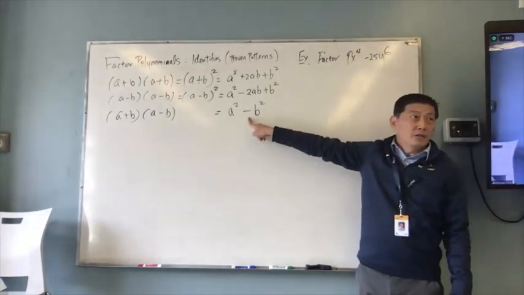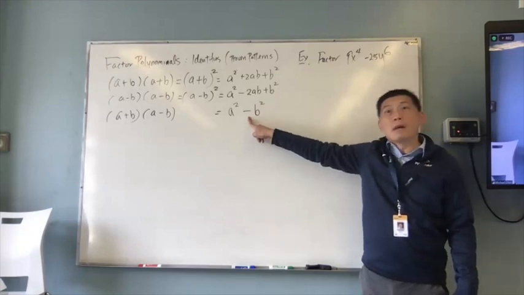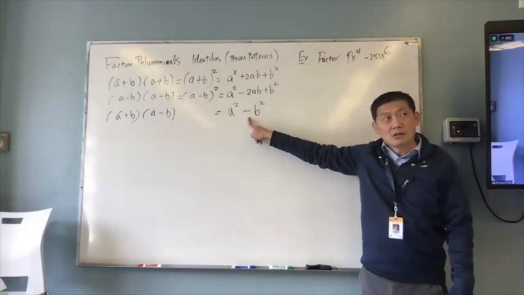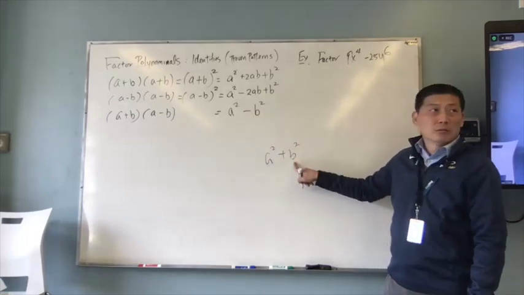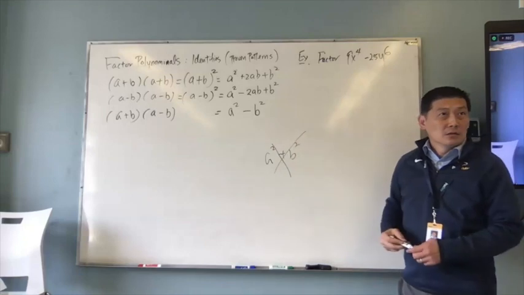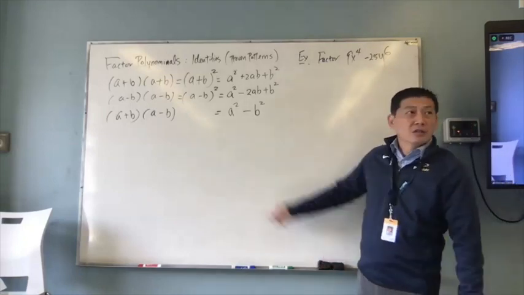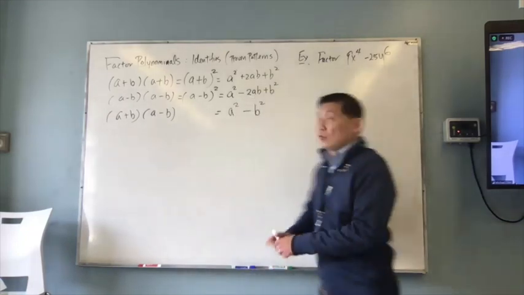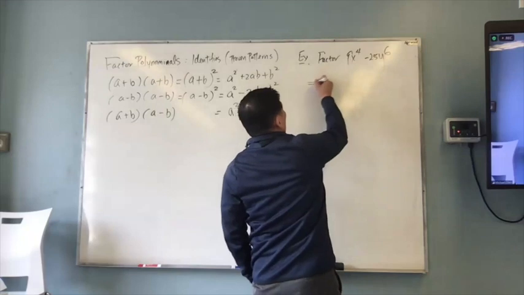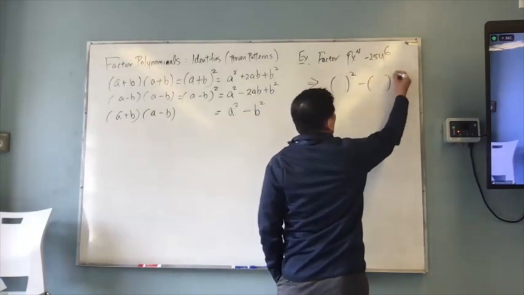Because our identity doesn't give us a plus, our identity gives us a minus. We don't have an a squared plus b squared factor form. That doesn't exist. But what does exist is that a squared minus b squared is equal to this factor form. So I can turn this into some sort of square minus some sort of square.